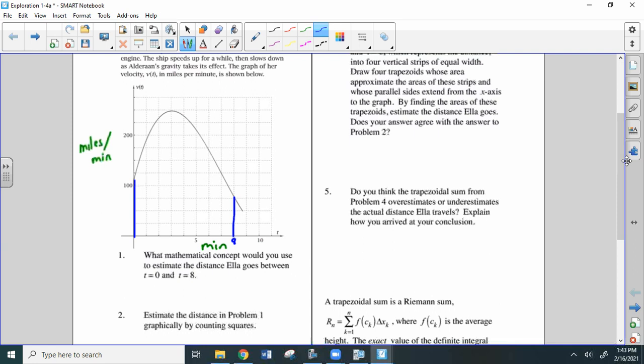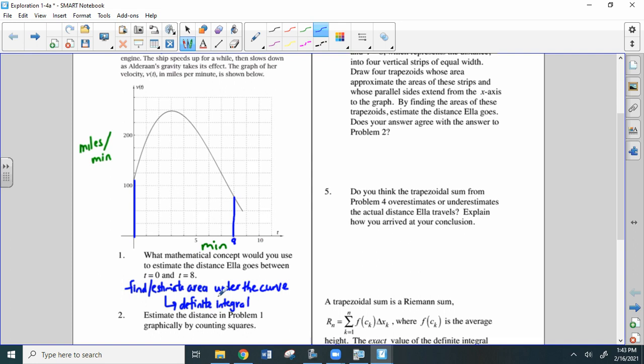We could use a definite integral, which actually would give us the exact distance Ella went. And if we want to approximate it, we really just find or estimate the area under the curve, between the curve and the x-axis, which we will eventually turn into a definite integral if we want to get the exact.